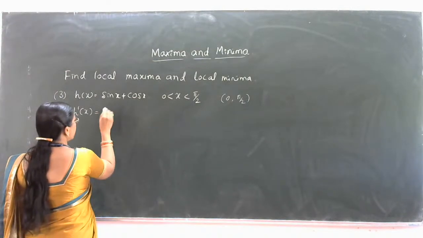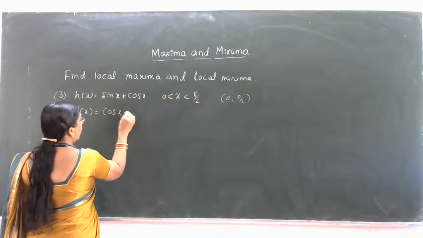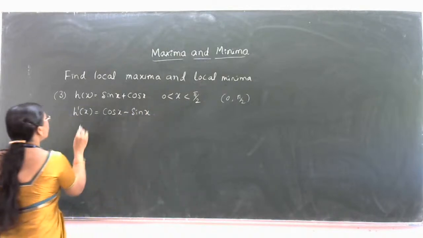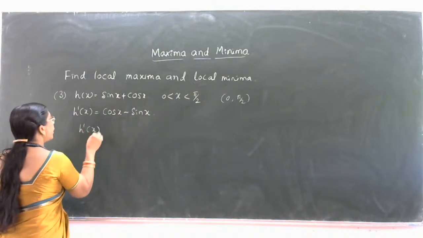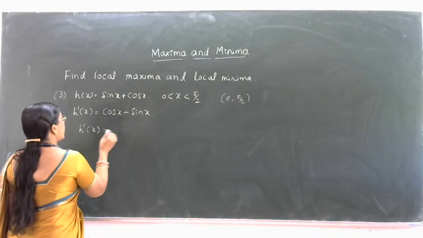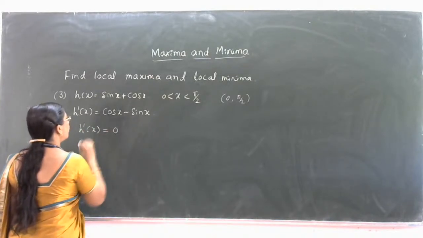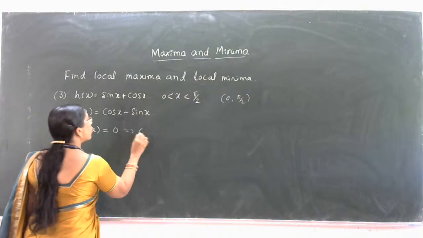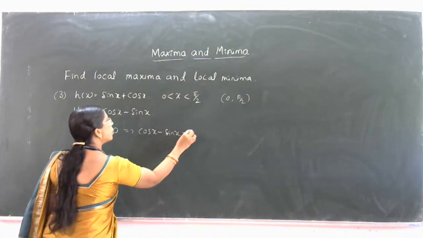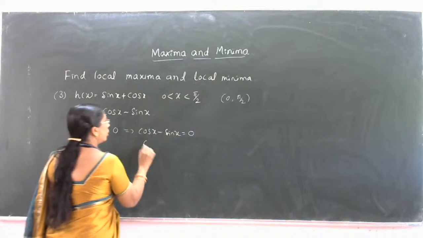Derivative of sin x is cos x and derivative of cos x is minus sin x. Then we equate the derivative of the function with 0. That implies cos x minus sin x is equal to 0.